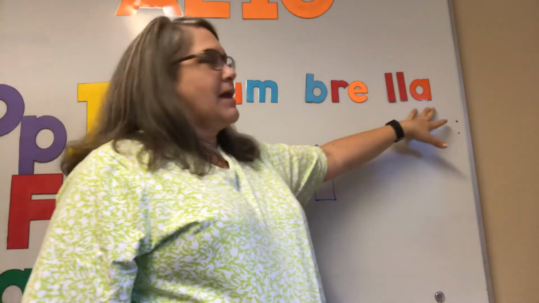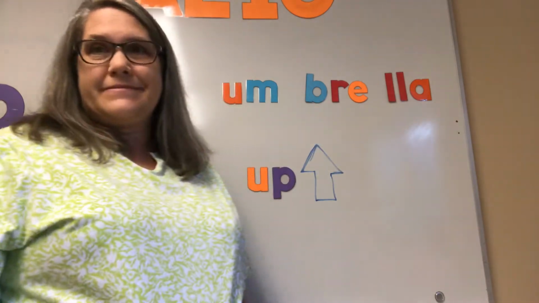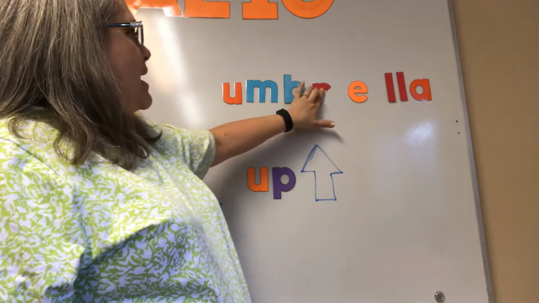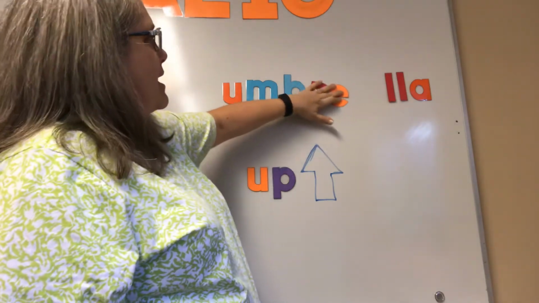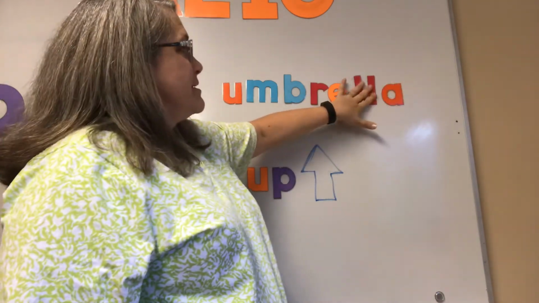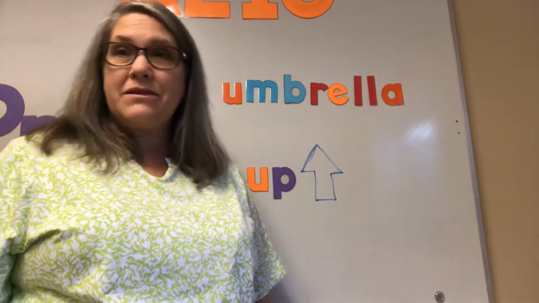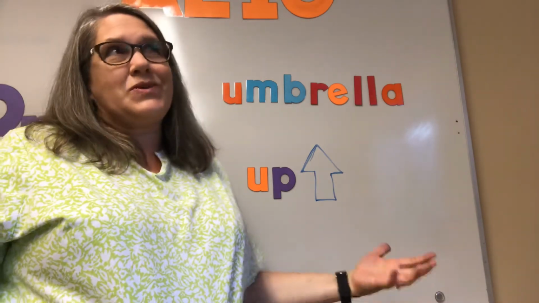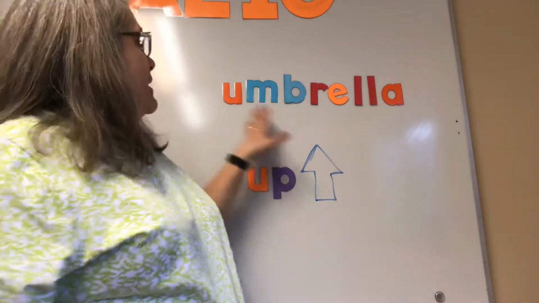Okay, here we go. Umbrella. Do you think you know it? Sometimes the longer words are easier than the shorter words because they're so unique. You don't get it mixed up.